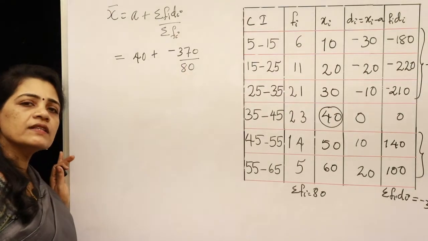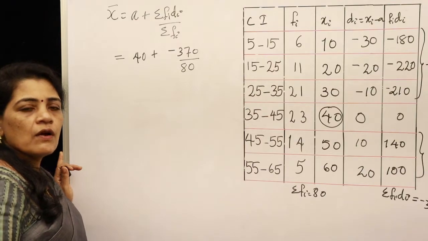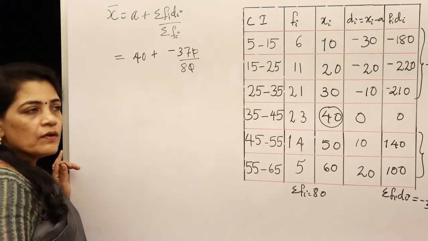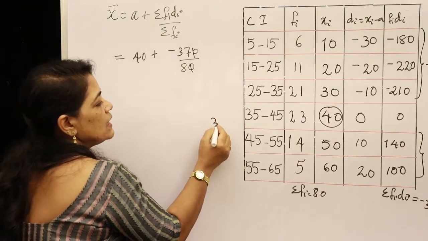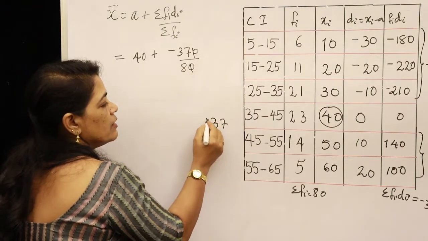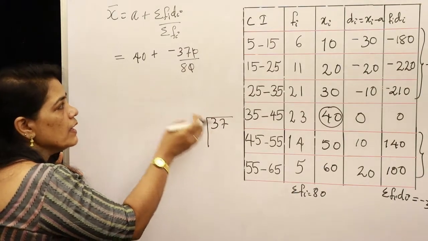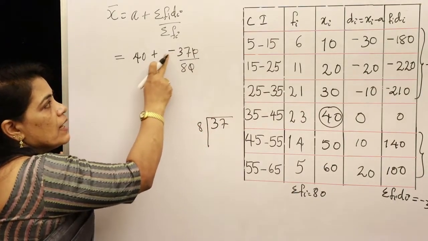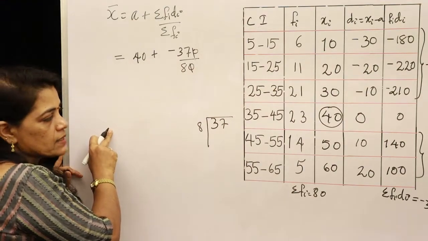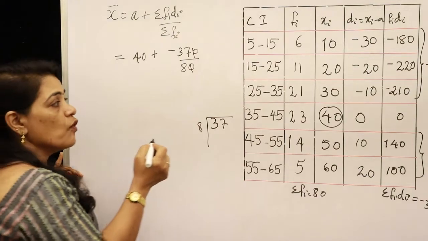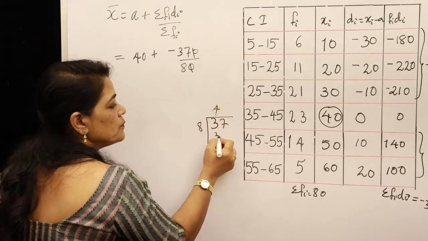Is it clear, children? We just substituted the values. So 0, 0 get cancelled. We can find out 37 divided by 8, and that number can be subtracted, since plus and minus become minus, from 40. So 8 in 37, it is 4 times 32.